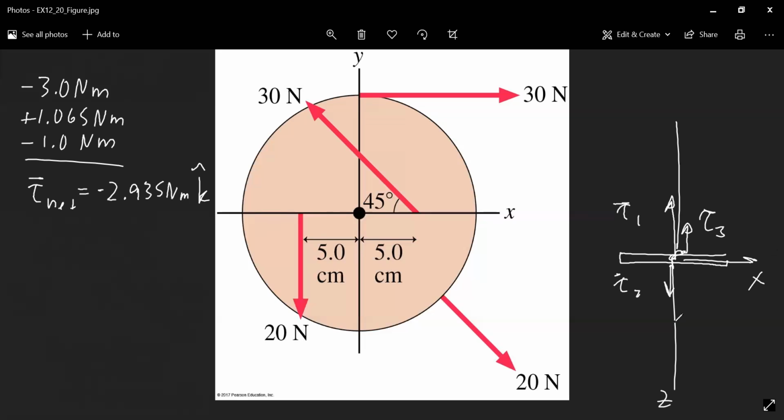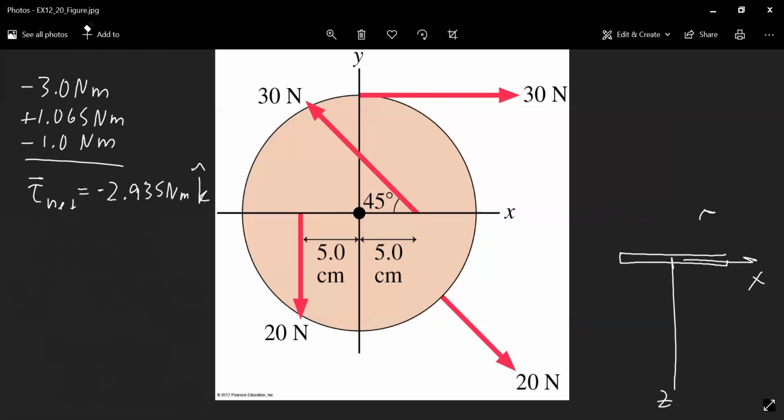So all of those three torque vectors, again, tau 4 was 0, so that didn't contribute. All those torque vectors added up to one that, as you could see, points in the negative z direction. So if I erase those, oops, I accidentally erased my axis too, but there we go.